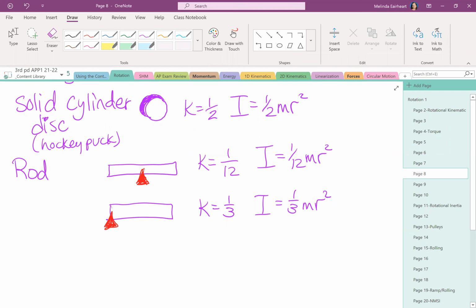Now, if you want, take that same one, move your hand, don't necessarily mess up my masses, and try to rotate it. It's more of a workout. It's more of a challenge when you hold it in a different spot.